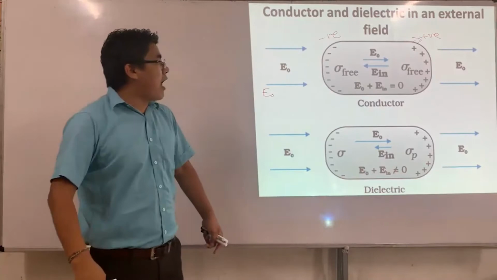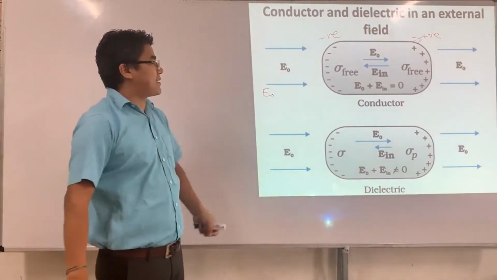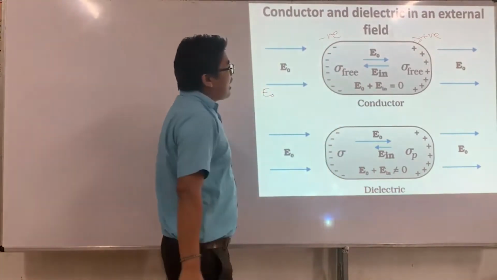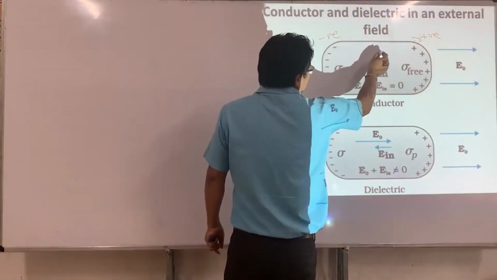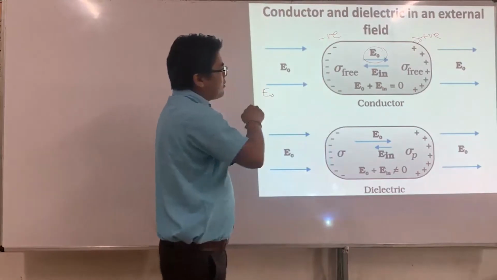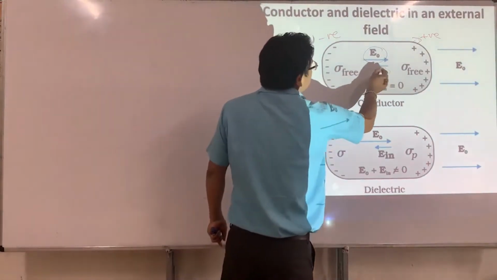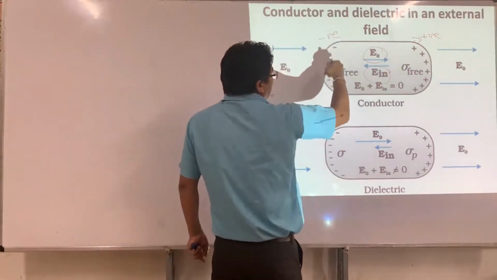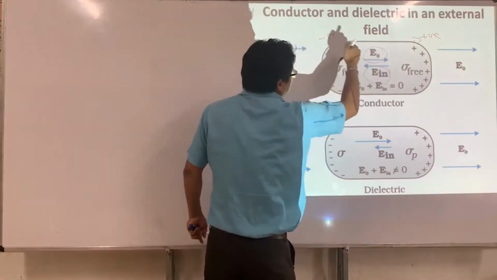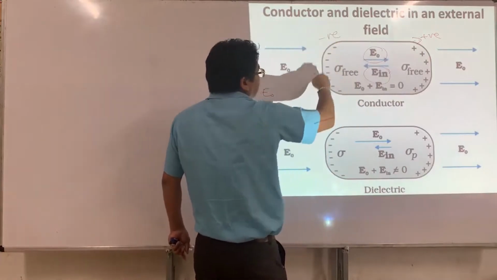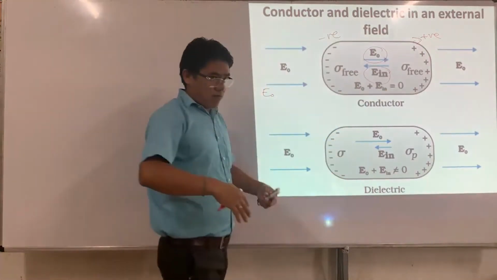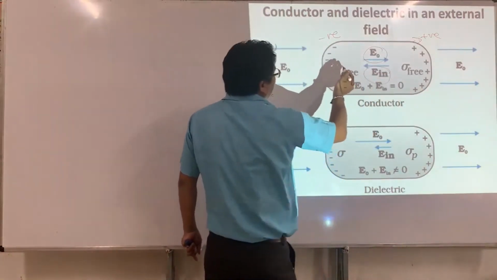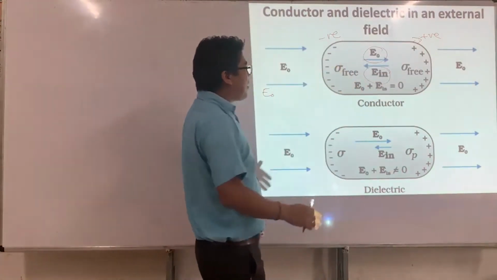Now the point is how long this movement will take place. The movement will go on until the external electric field and the induced electric field are equal. This is the electric field induced by two charges, positive charge at this side, negative charge at that side.